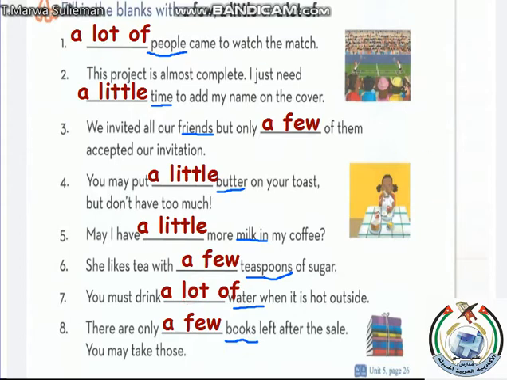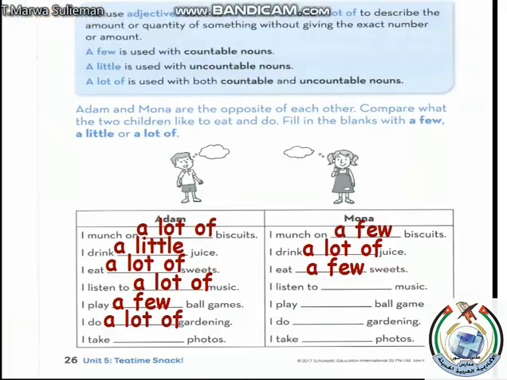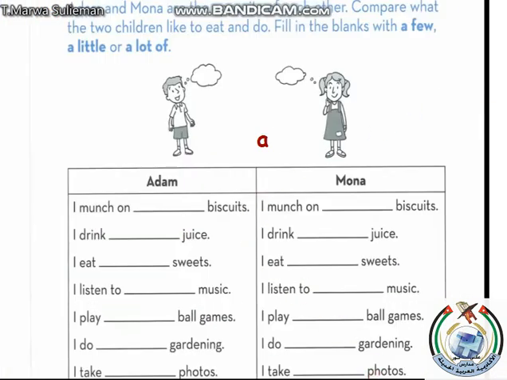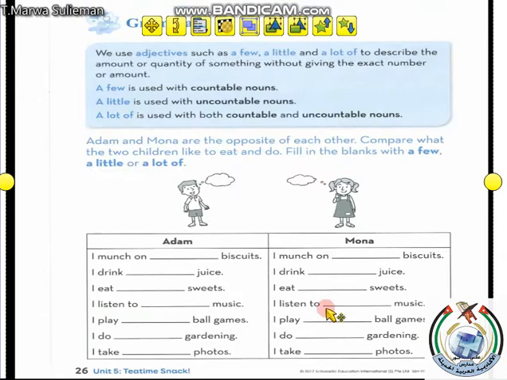Let's go to the workbook, page number 26. Here in this box we talked about the adjectives a few, a little, a lot of, again to describe the amount or quantity of something, كمية شيء معينة.